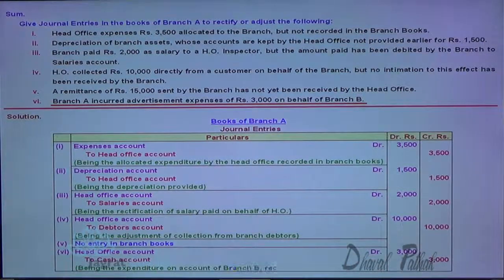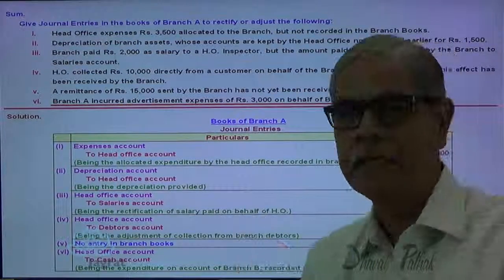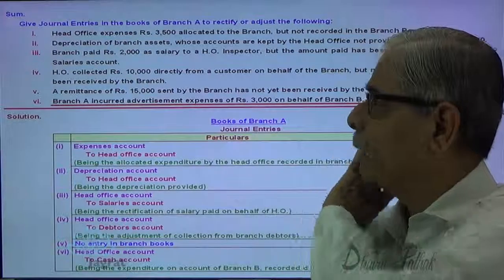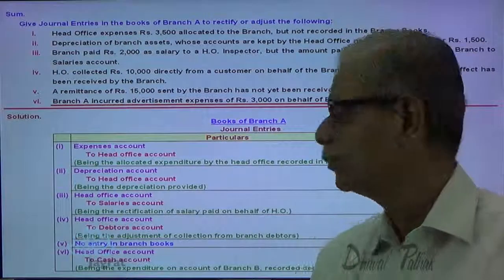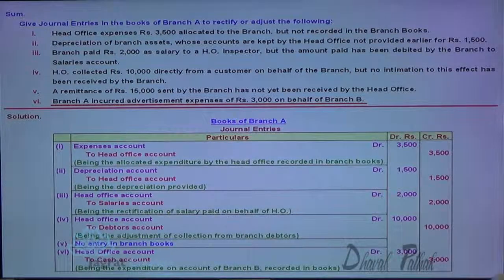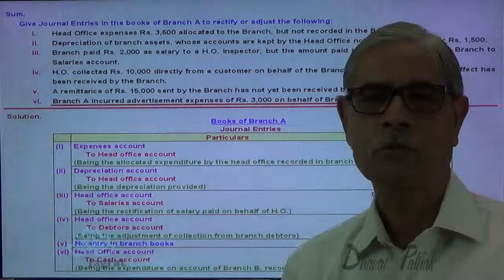This is how being expenditure on account of branch B recorded in the books of A. So head office account debit to cash account. If the transaction is entered into right now, HO to cash, or if the amount is already debited to advertisement expenditure account, then advertisement expenditure account gets credited. This is how this sum is to be solved.